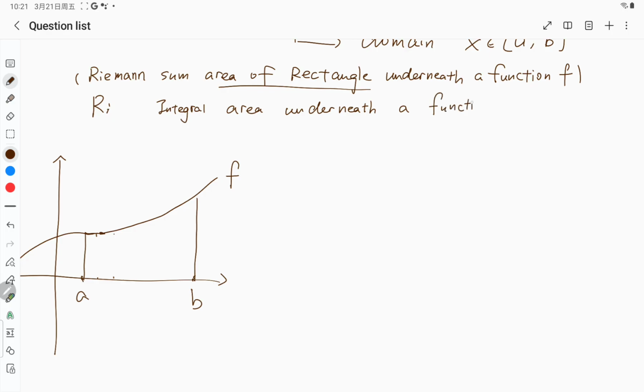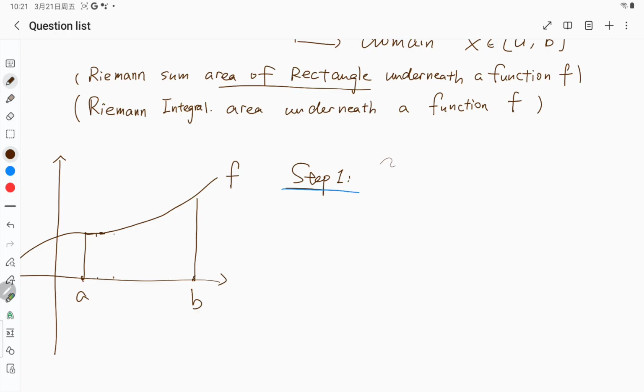Right now I'm not just telling a story, it's actually the thought process whenever you want to calculate the Riemann sum. So step one. These are not just storytelling, you should take it as part of a definition. How do we define the Riemann integral when you have a function?